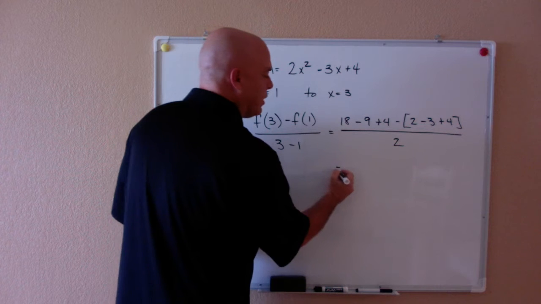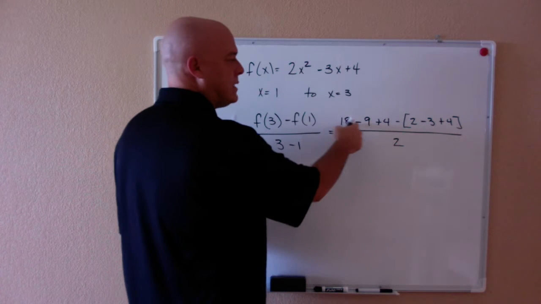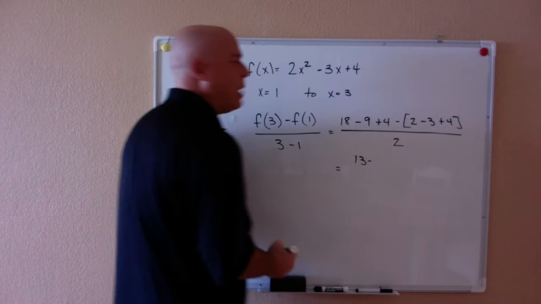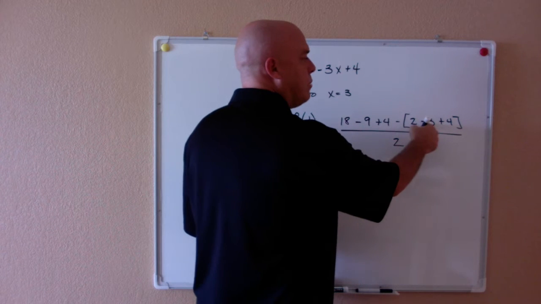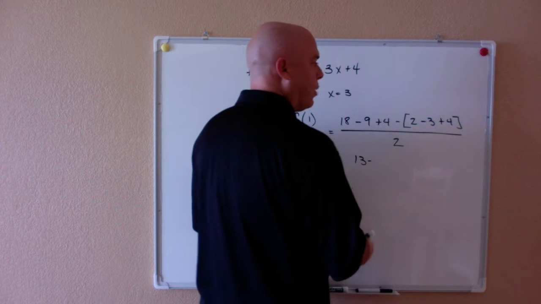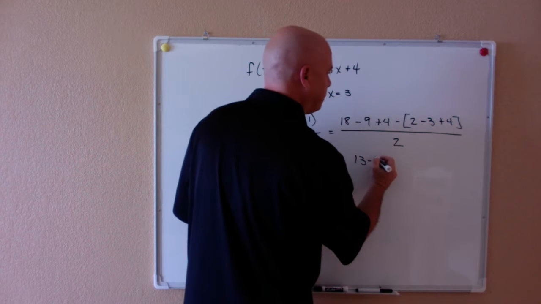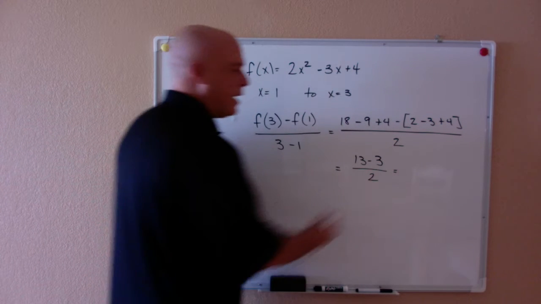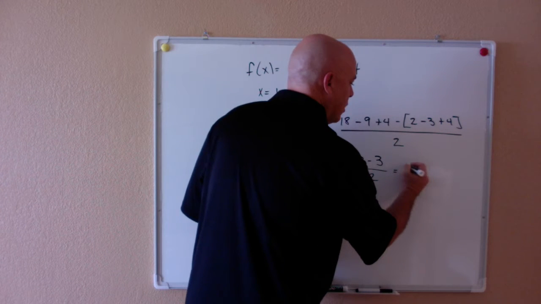Now we can do some really quick calculations, and I find that's 18 minus 9, that's 9, plus 4, which is 13, minus the quantity 2 minus 3, that's negative 1, plus 4, which is 3, all divided by 2, and I find that I get 10 over 2, which is 5.